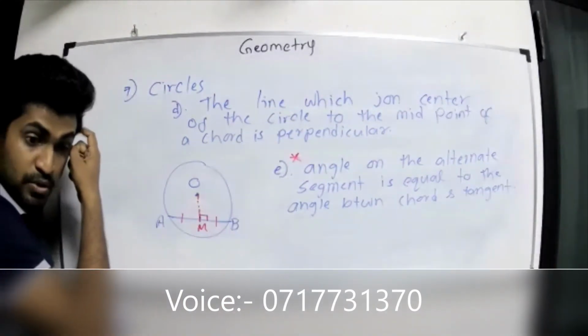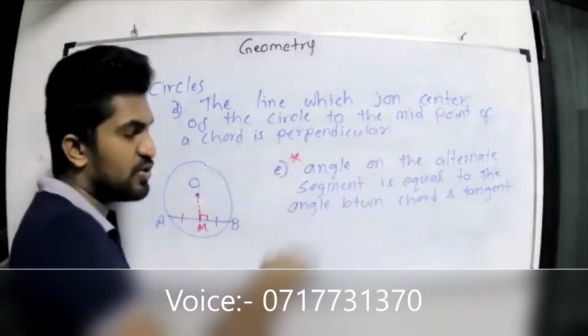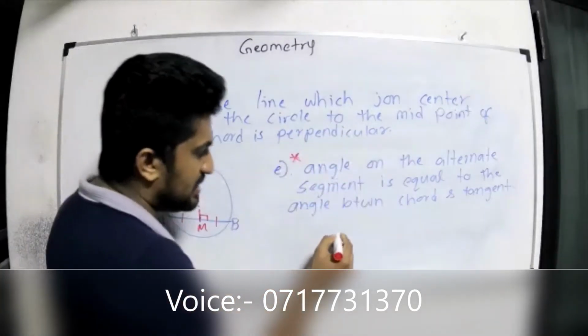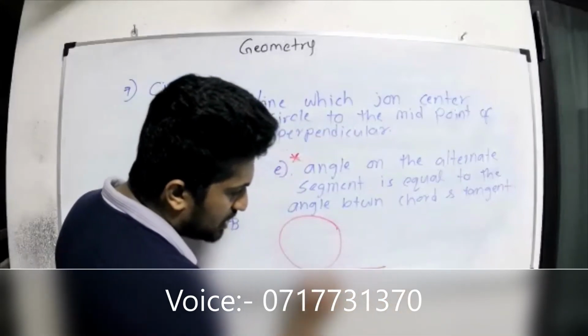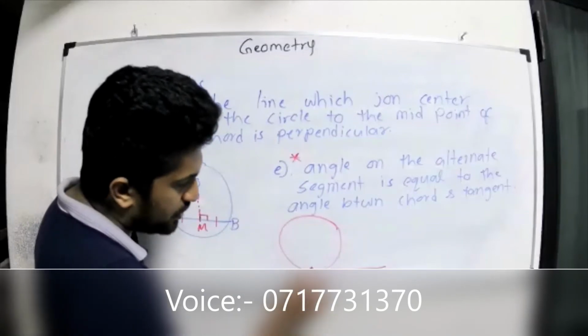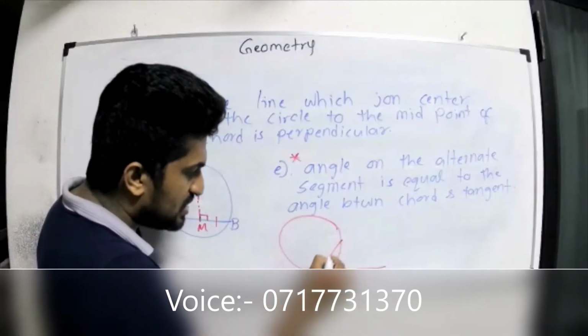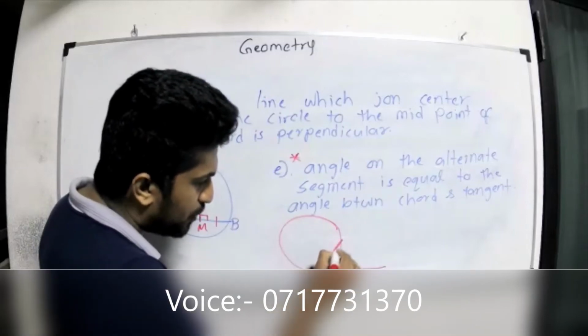They will ask this mostly in the Part 1A section. It is like this. The line which touches the circle, we call it a tangent. Then this is the point of tangent. This is the chord drawn to that point of tangent.